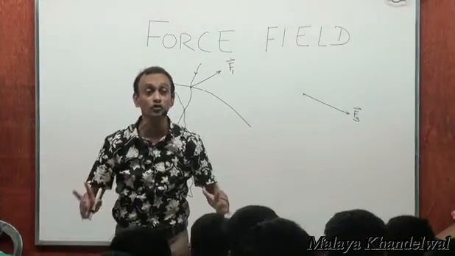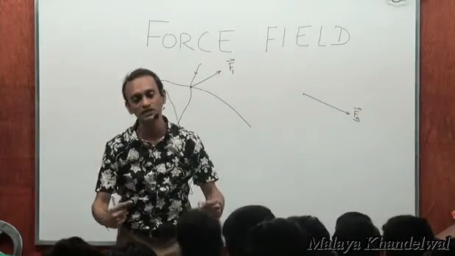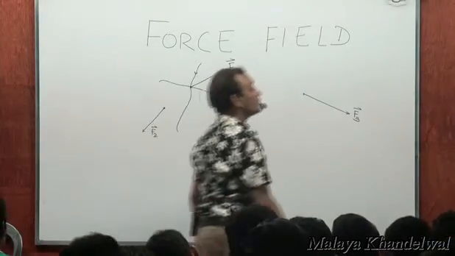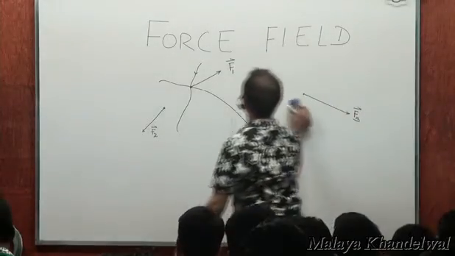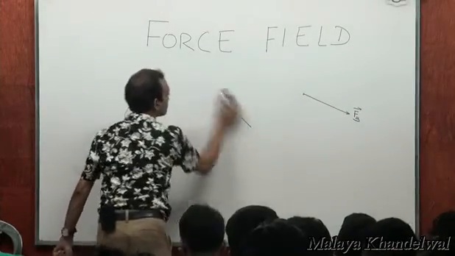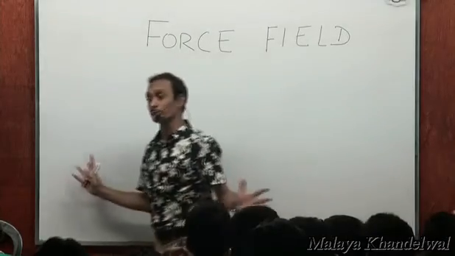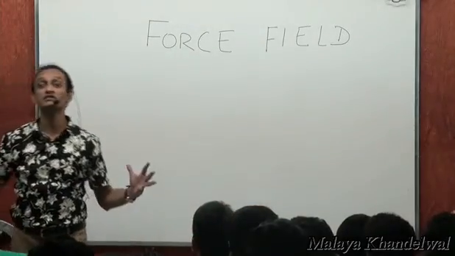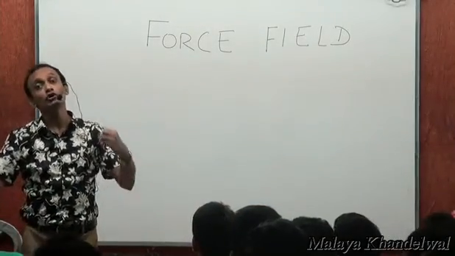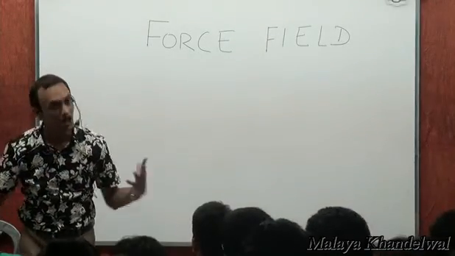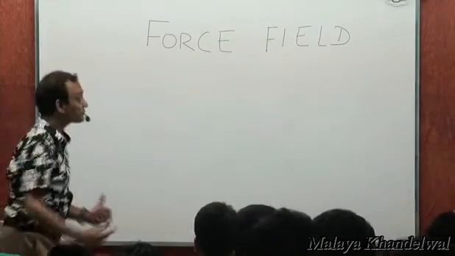We have knowledge of the force that a test particle would have experienced at every point of this region. So that's a force field: a vector representation of a region in terms of the force a test particle would experience at every point of that region. Clear?